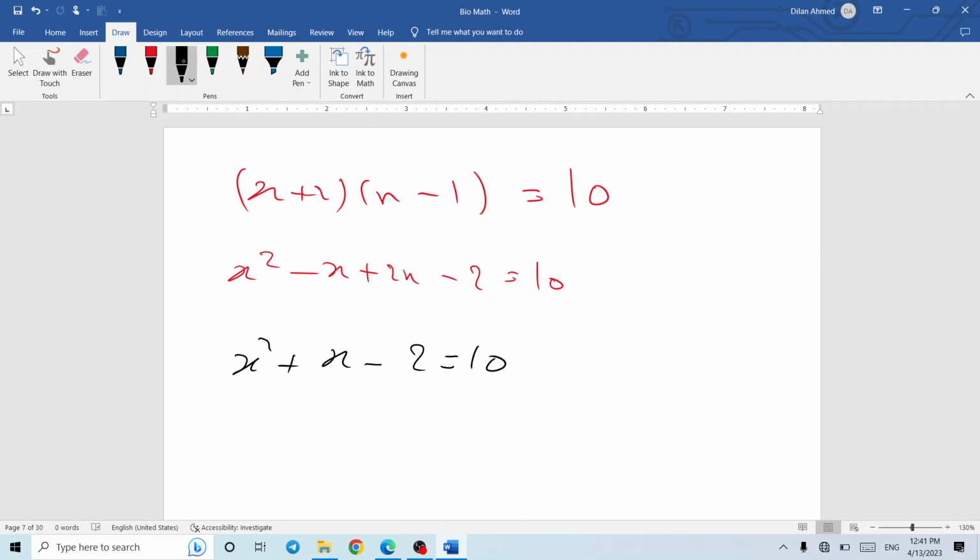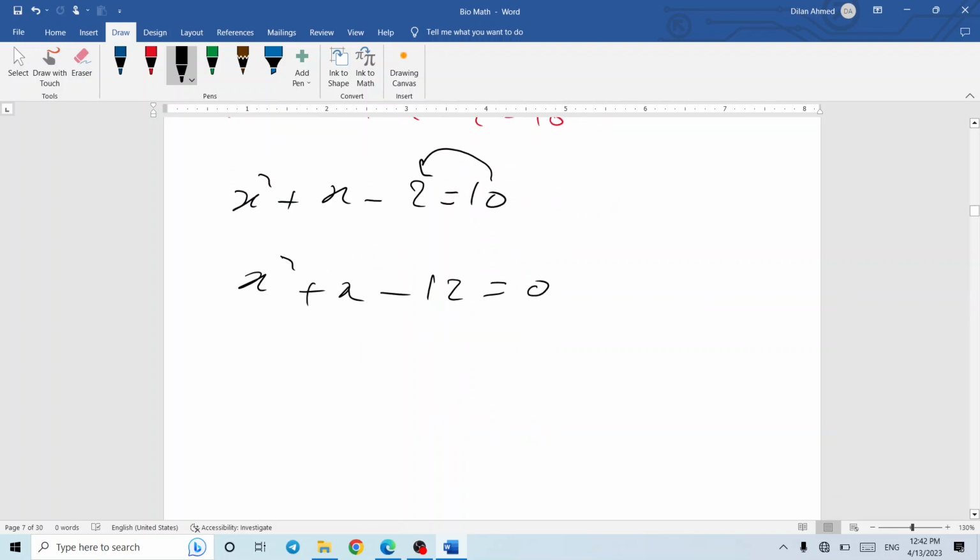Can you tell me how? We should, not we can, we should take this one to the other side because we cannot say something is equal to 10, we can only say it is equal to 0. That's why I will get x squared plus x minus 12 equal to 0.